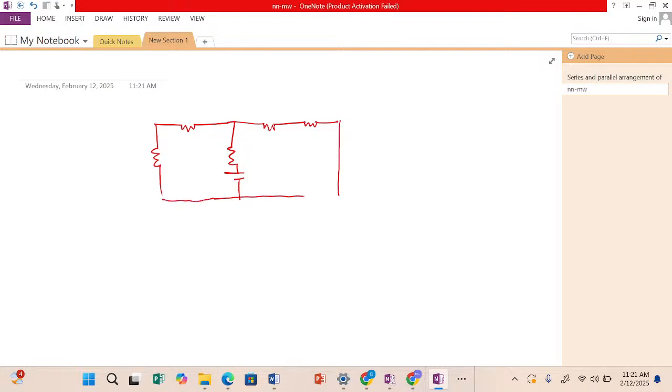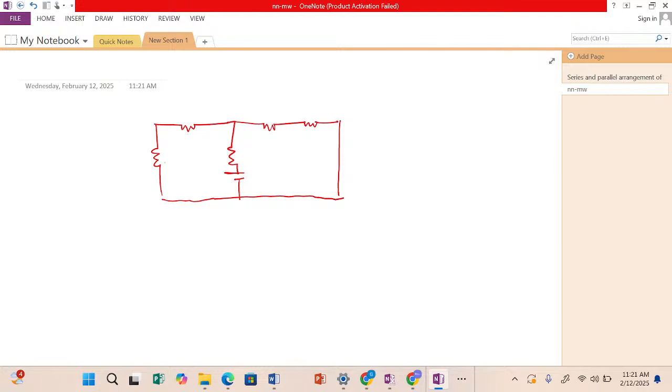Good. So we are going to take an example. Then we see the resistors which are in series, and then the resistors which are not in series. So let me quickly draw the diagram. Then we can take it from there. Good.